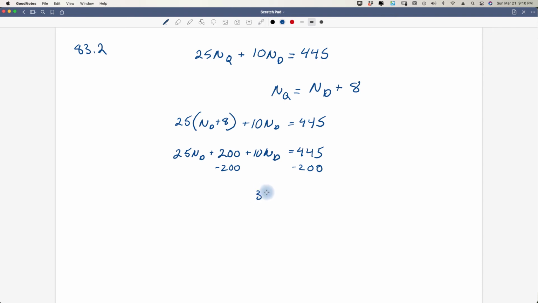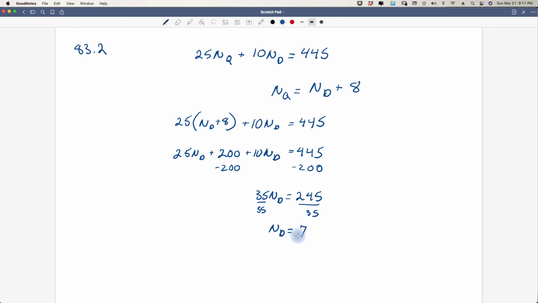This is going to be 35 times the number of dimes equals 245. So we can divide both sides by 35. And we know that the number of dimes is equal to 7 because 245 divided by 35 is 7.